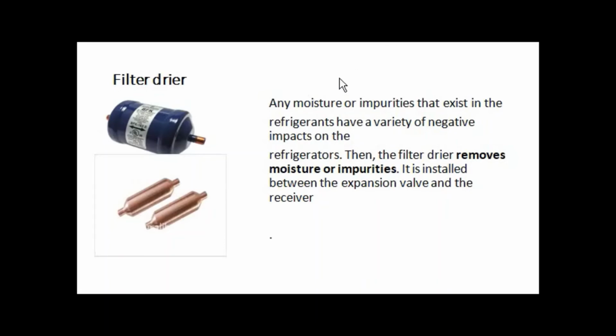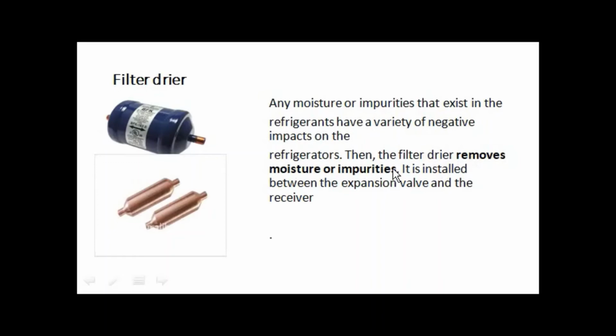The filter dryer removes moisture or impurities.